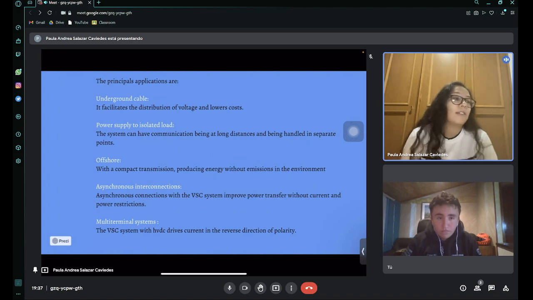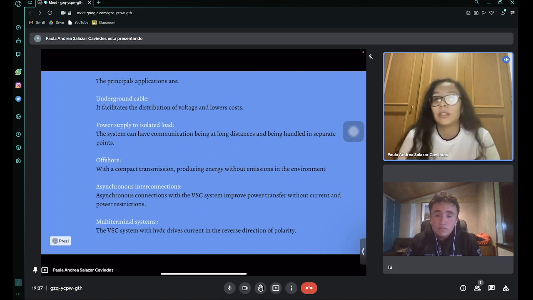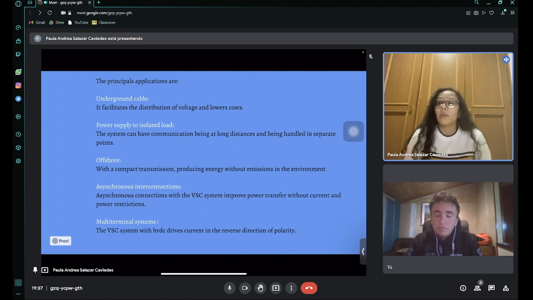The other that we have is asynchronous interconnection. The asynchronous interconnection with the VSC system improves power transfer without current and power restrictions. It also helps because they don't have minimum power and current restrictions in any of them.